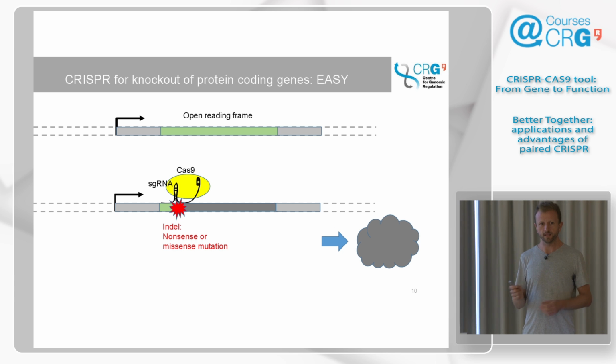You get an indel, and the indel either introduces a stop codon or it introduces a frame shift. And in the majority of cases, the entire downstream peptide sequence is completely wrong, and you've essentially knocked out your protein. Okay? So all you have to do in these cases is to use a single guide RNA.